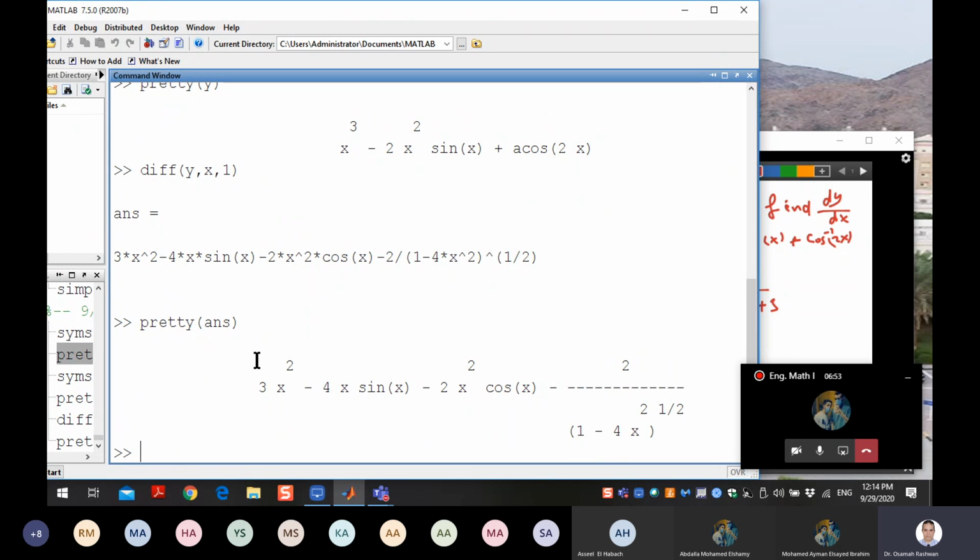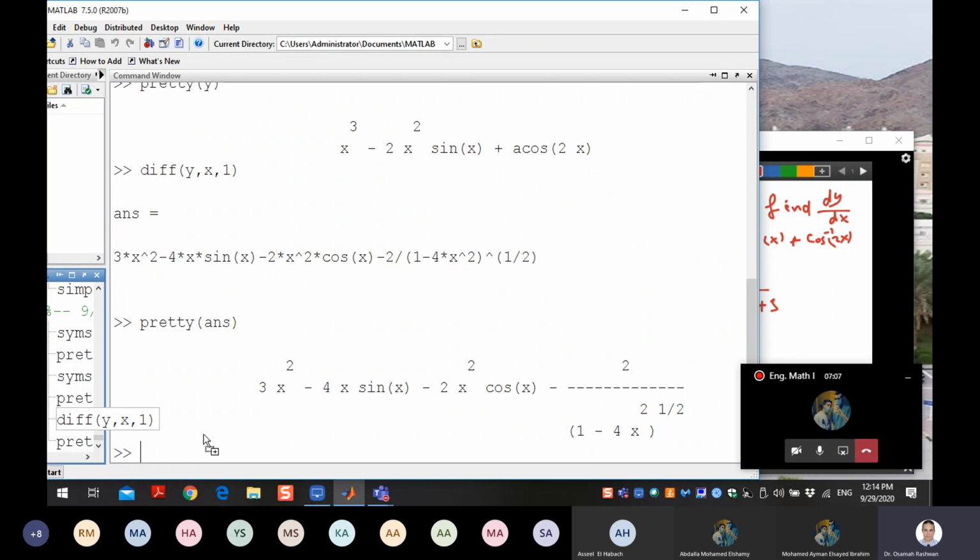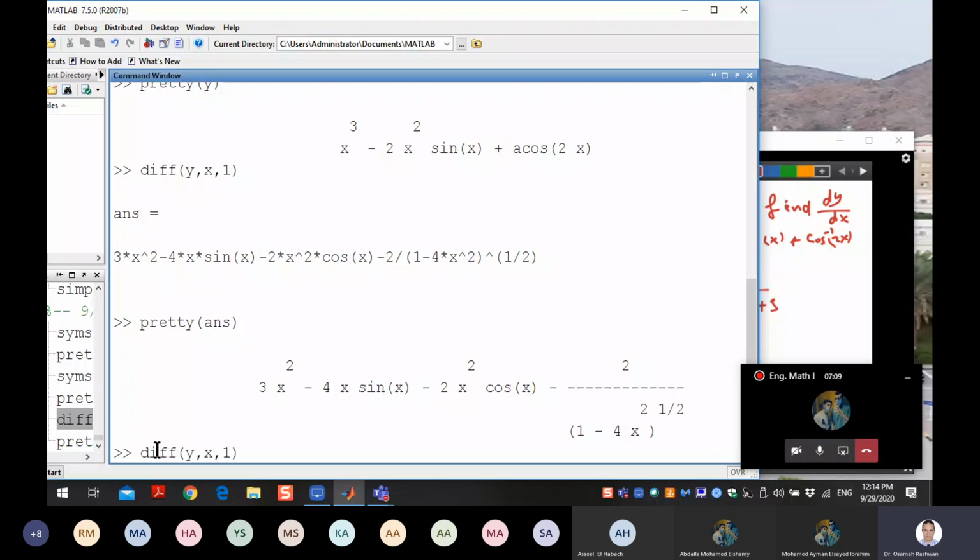If I would like to ask you in the same question dy by dx and d squared y by dx squared, right? So I add to this one d squared y. So I have only this one, okay? I'll call this one first derivative, y dash equal, okay?